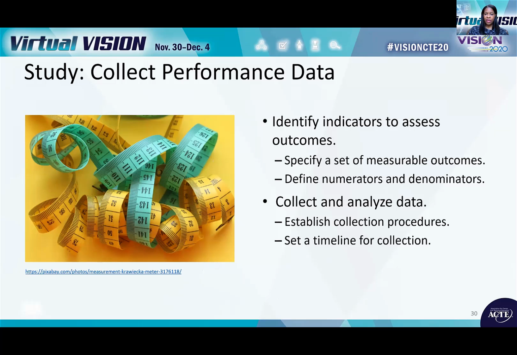And this means that you'll be able to obtain data around those outcomes so that you can construct your numerators and denominators. So one useful strategy here is to consult with your district or, if you have an institutional research office, to learn about data that already exists so that you are able to do good comparisons.